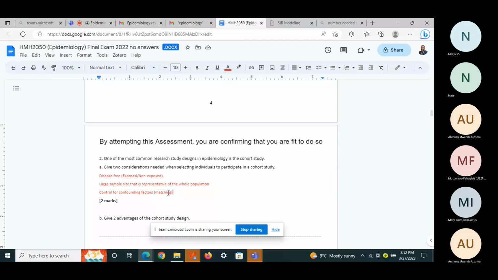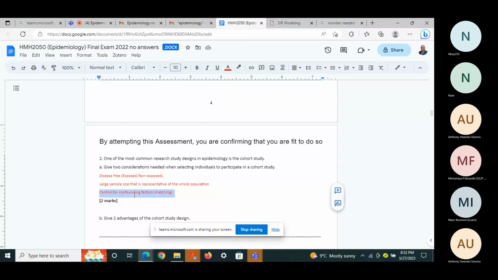Apart from the exposure of interest, the population that you are choosing should be similar in other parameters. Okay. So for example, if you are doing the relationship between smoking and maybe bladder cancer, you know that alcohol intake is a risk factor too on its own.